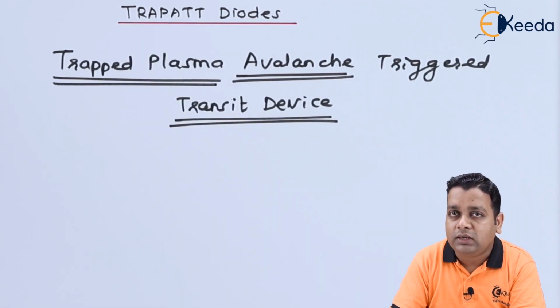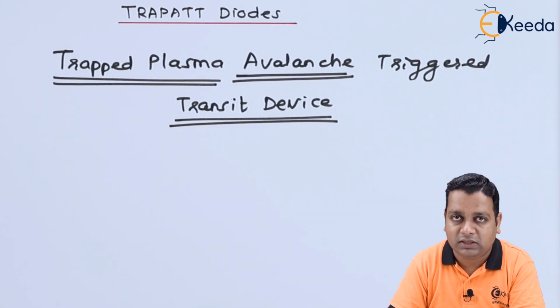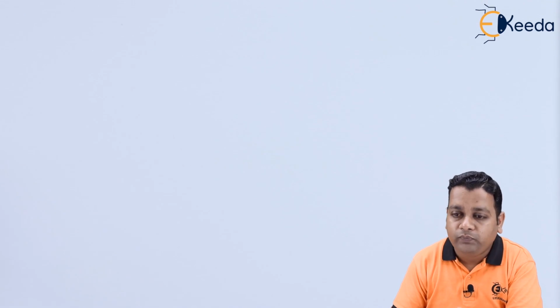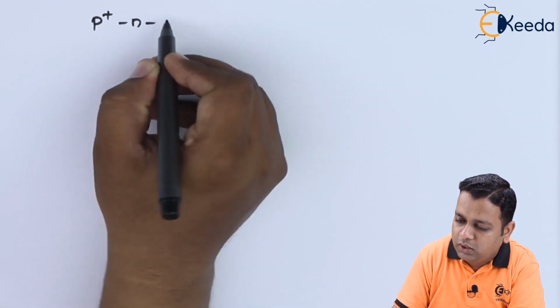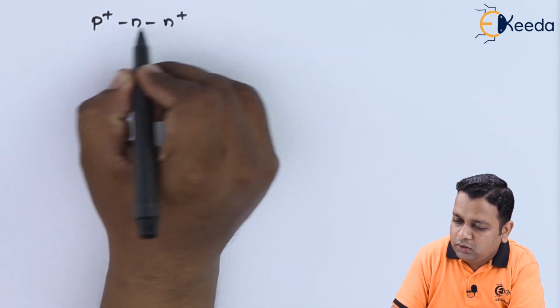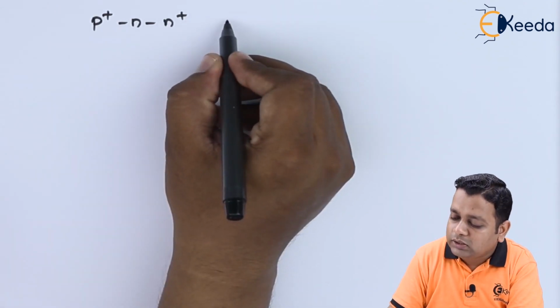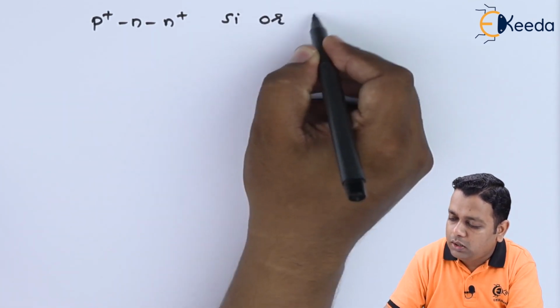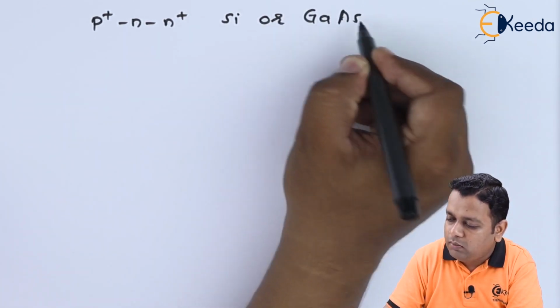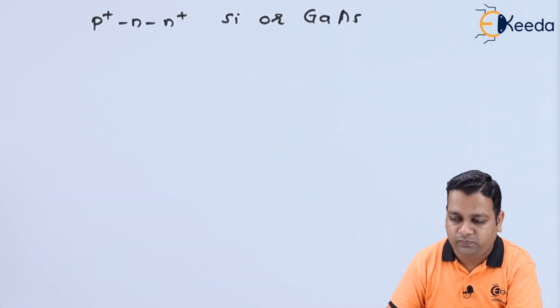So it is basically derived from the earlier one that we have gone through, that is the impaired diode. Here is the basic structural diagram for the TRAPATT diode we shall be considering. Typically it can have the structure of P positive connected to N, which is further connected to N positive. The substrate may be of silicon material or it may be of gallium arsenide also.